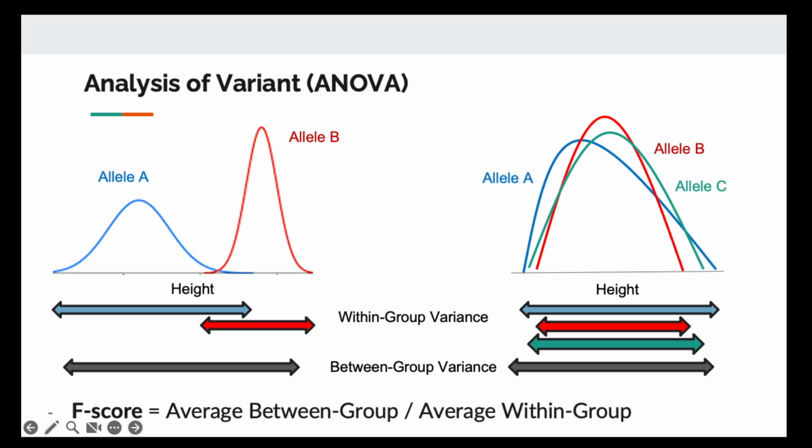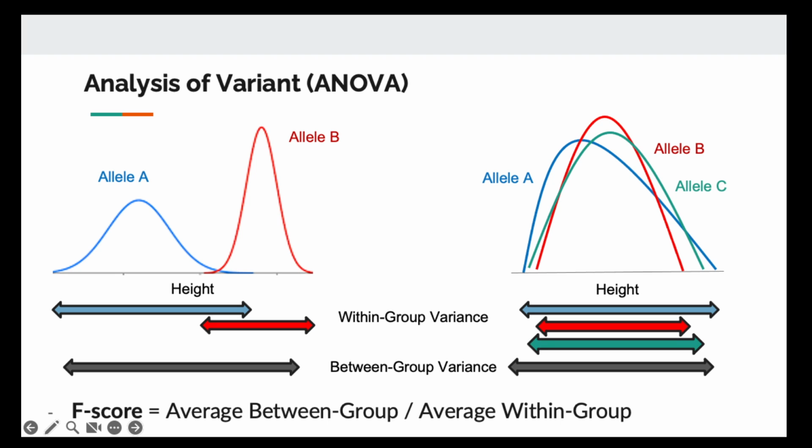But if the genotype has a lot of impact, the variance between groups is going to be much larger than the variance within groups. This ratio is called the F-score, and it's what the analysis of variance uses to identify if your samples are more to the left or to the right. Whether the genotype that you're looking at affects the phenotype or does not really affect it.